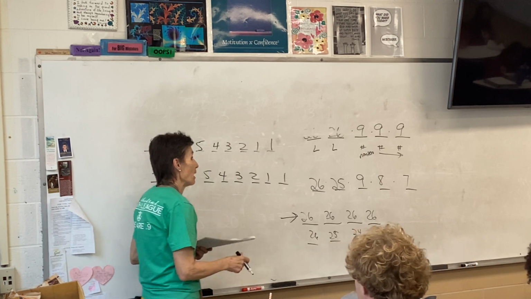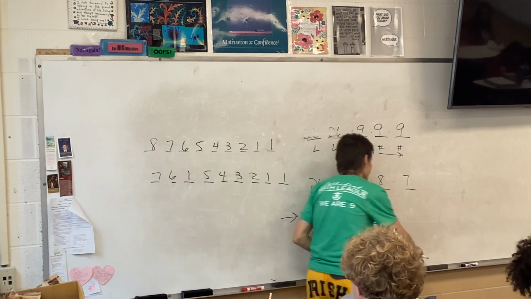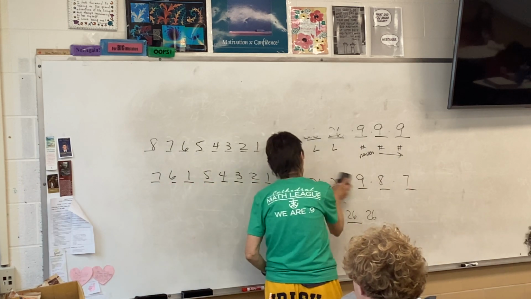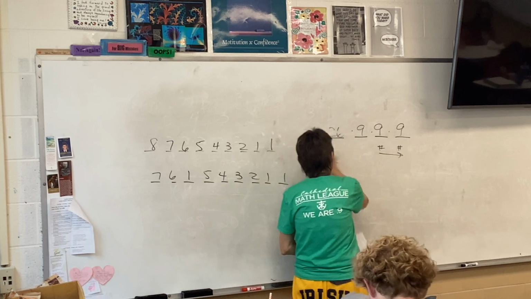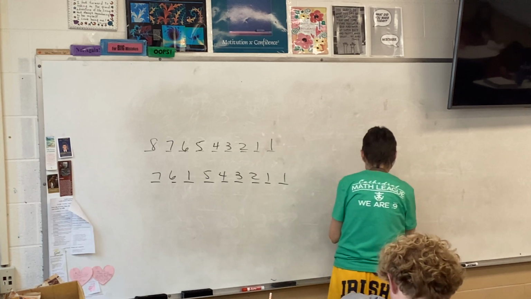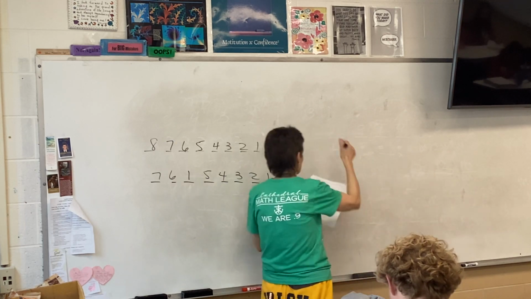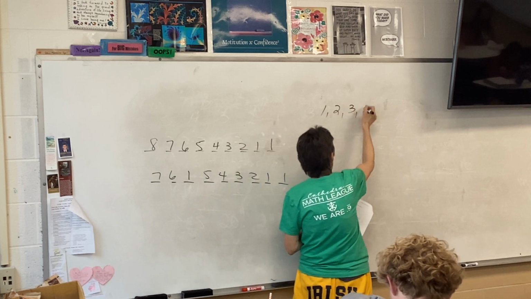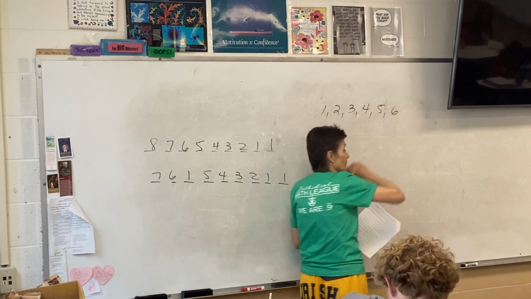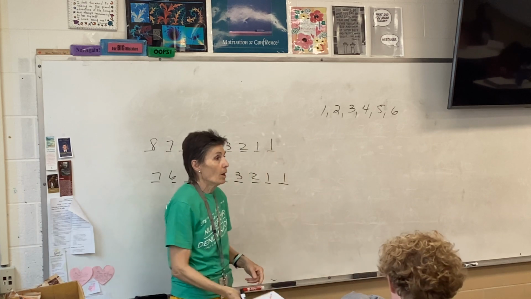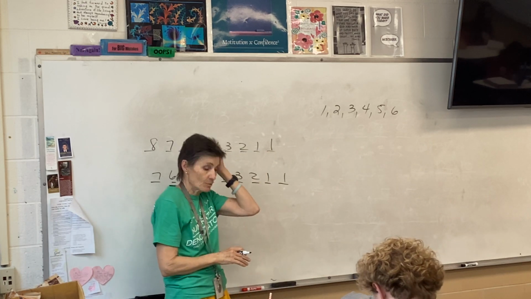All right. Now, 18. This is a new concept. I'm allowed to use the digits 1, 2, 3, 4, 5, 6. Only, those are only digits I'm allowed to use.